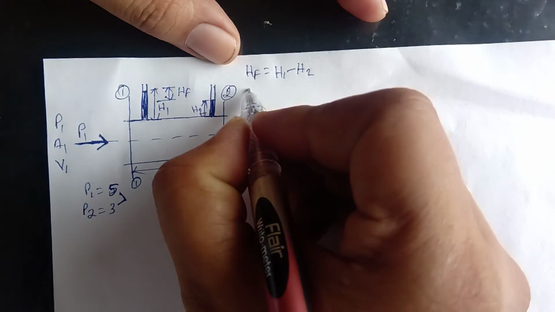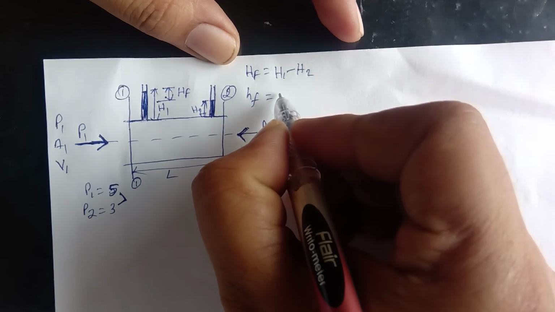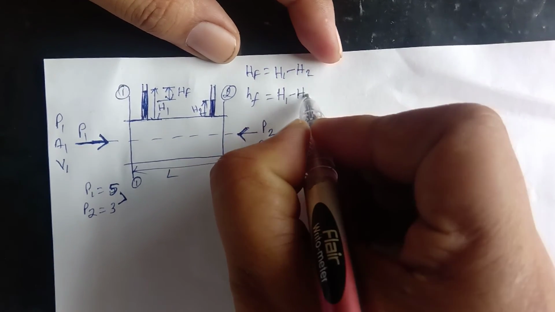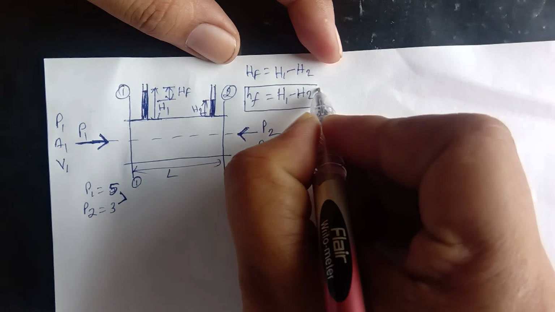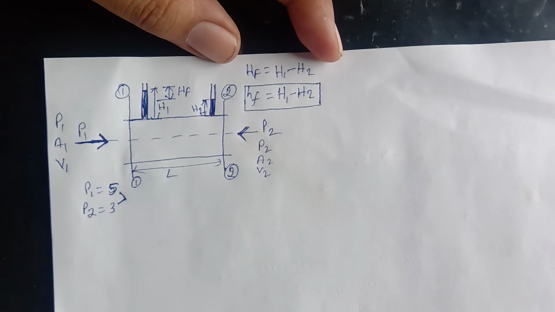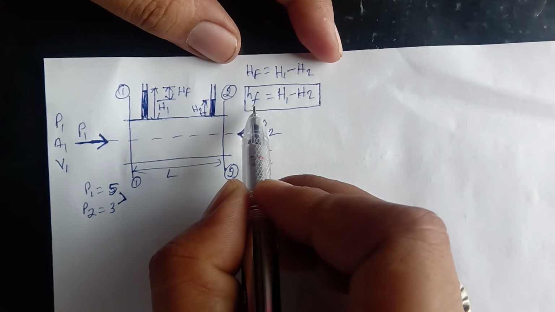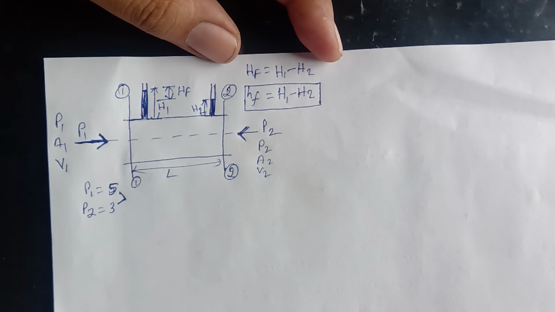So this HF can be written as small hf, H1 minus H2. So remember, this is called head loss. Now F is what? Friction. This head loss will be generally only with the sake of friction.